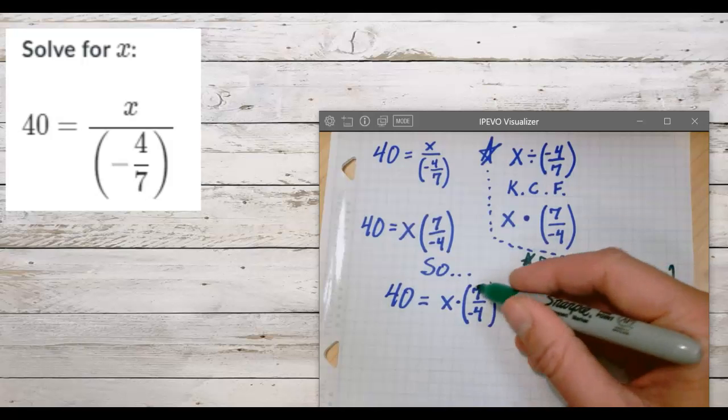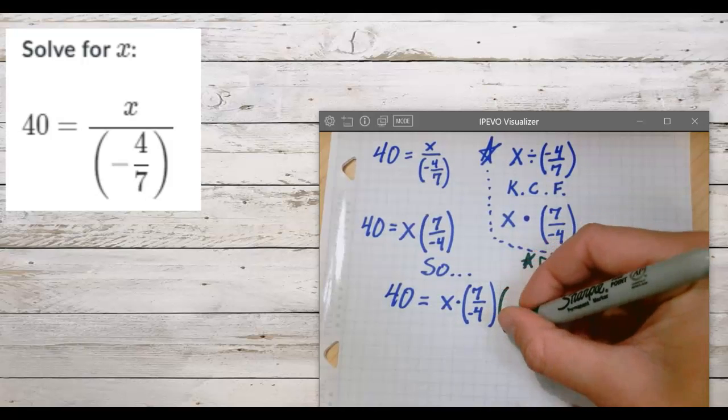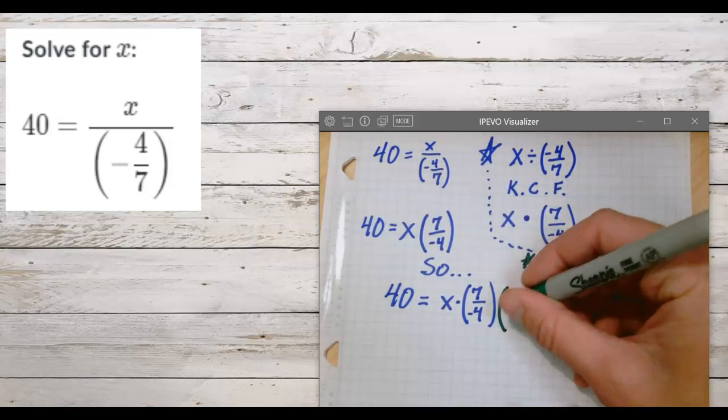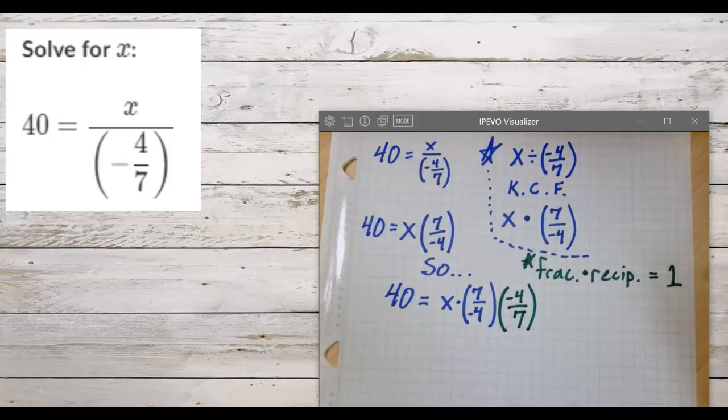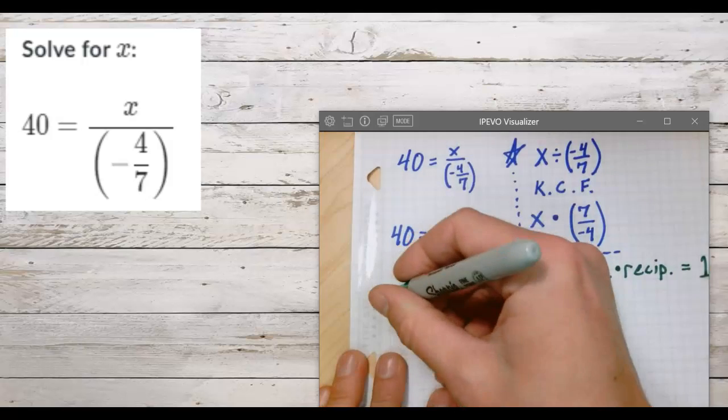So we have a fraction. If we multiply by its reciprocal, it will always equal 1.